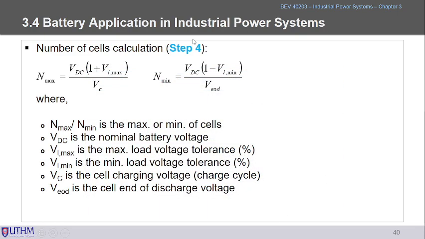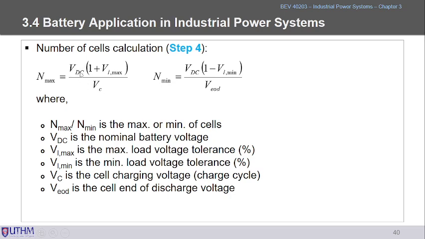Right, so come to step number 4. Step number 4 is to find out how many cells we need to connect in series. So n is the number of cells that we need. This is the maximum and this is the minimum, and it depends on the VDC, the nominal battery voltage. Okay?